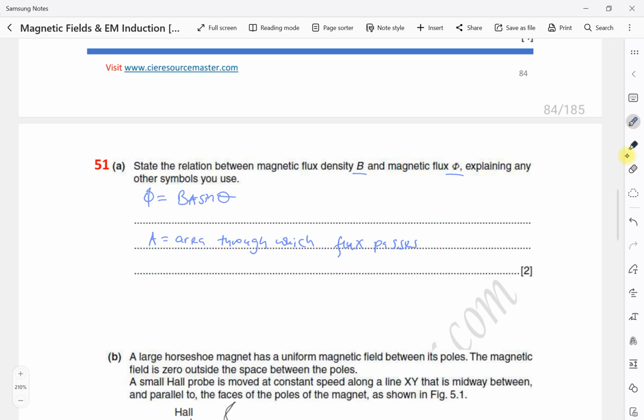And then theta is actually the angle between, because here I've put sine, theta should be the angle between the magnetic field and the plane of the area.